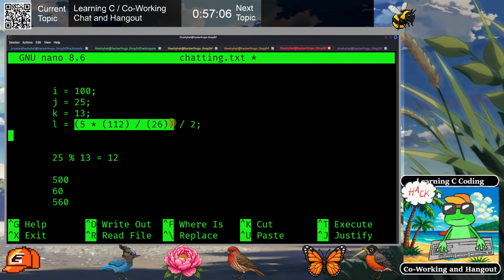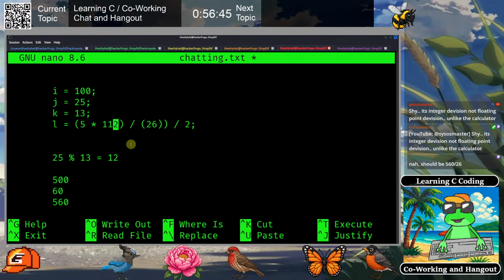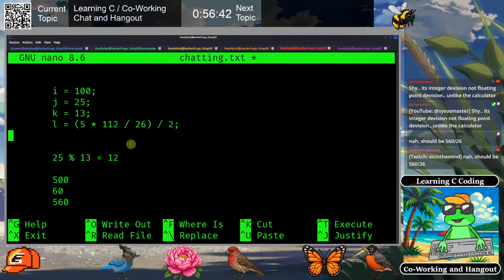So this is the greater parentheses. Oh, you know what? Am I doing the operations in the wrong order? So we got 26, we got 112. I think we can remove the parentheses at this point. Okay, it should be 560 divided by 26. We should multiply this first to get 560 and then divide by 26.